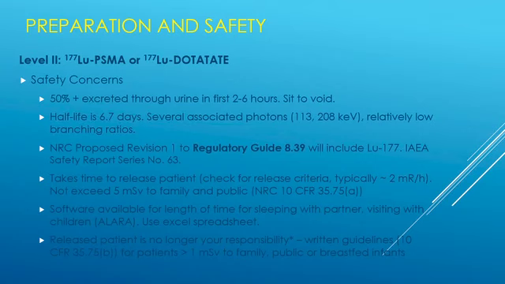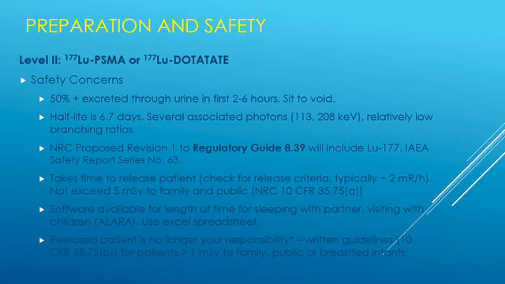Safety concerns. So, of course, you have the same concerns about excretion and contamination as you did for level 1. But you also have to be concerned about exposure from the photons. So the excretion here is about 50% in the first 2 to 6 hours, and you want to keep these patients during that time until they get rid of this. The half-life is 6.7 days.